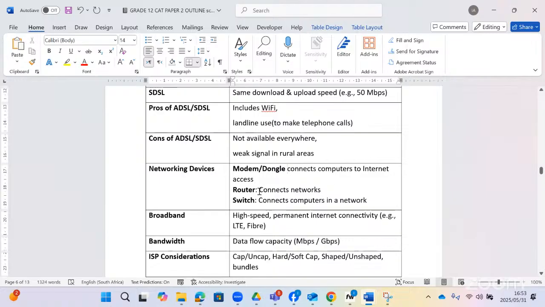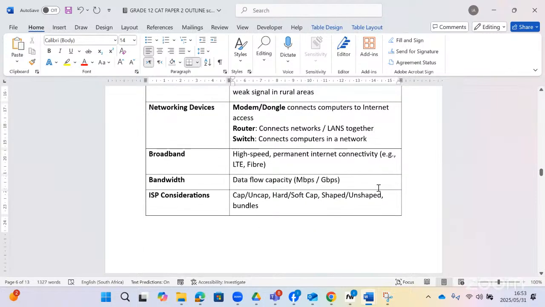But a router is a device that connects networks or LANs together. So when you have two or more local area networks and you want to put them together, you need a router. But a switch connects computers together in a network. So you must know these three devices, how to differentiate between them.